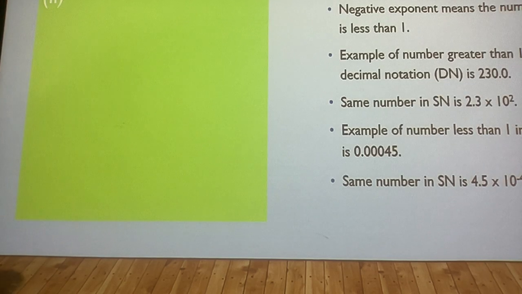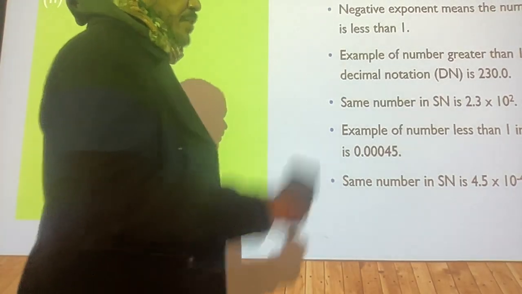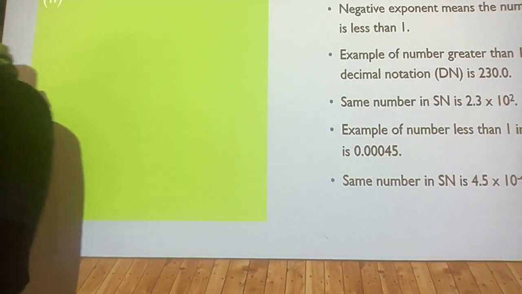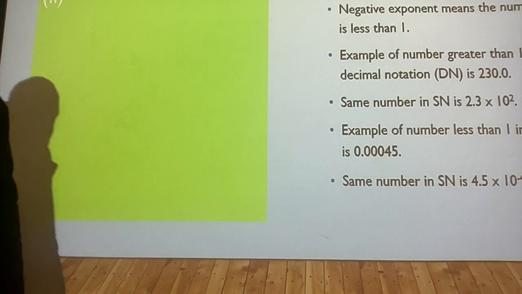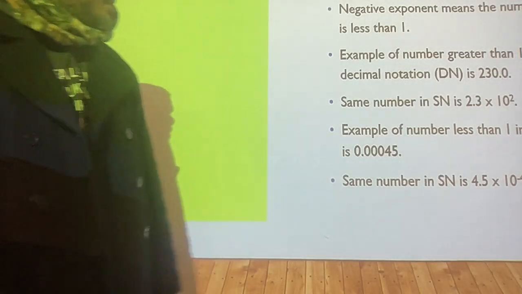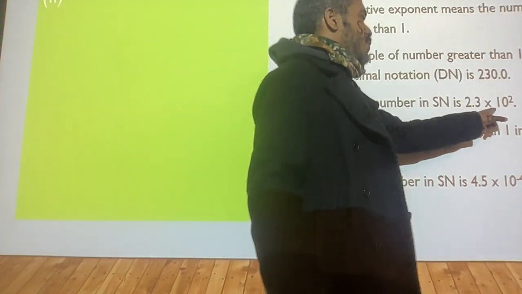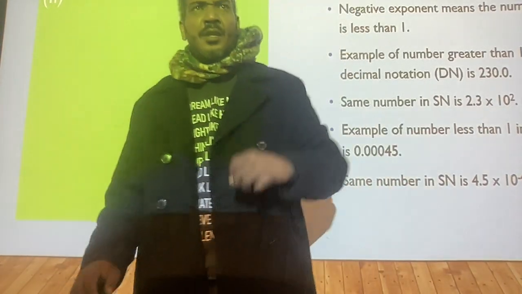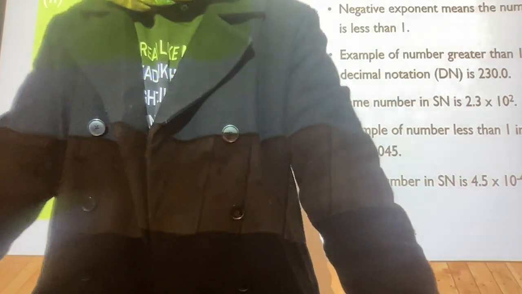A positive exponent means we're getting larger. When we have a positive exponent, that means we are making the number larger. If we go from 2.3 times 10 to the 2 to 2.3 times 10 to the 3, then what did we do?